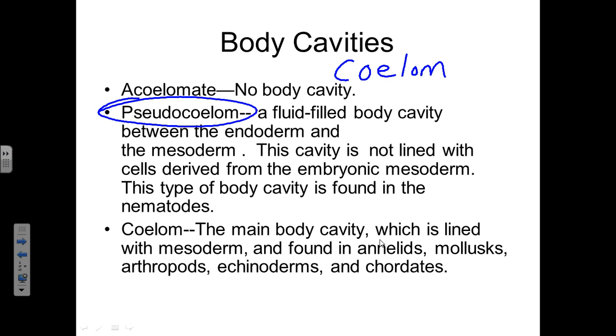This particular kind of body cavity is made between two germ layers, between the endoderm and the mesoderm. That's different than the way it's made in other animals. We'll talk about that. This kind of body cavity is only found in a phylum of animals called nematodes.